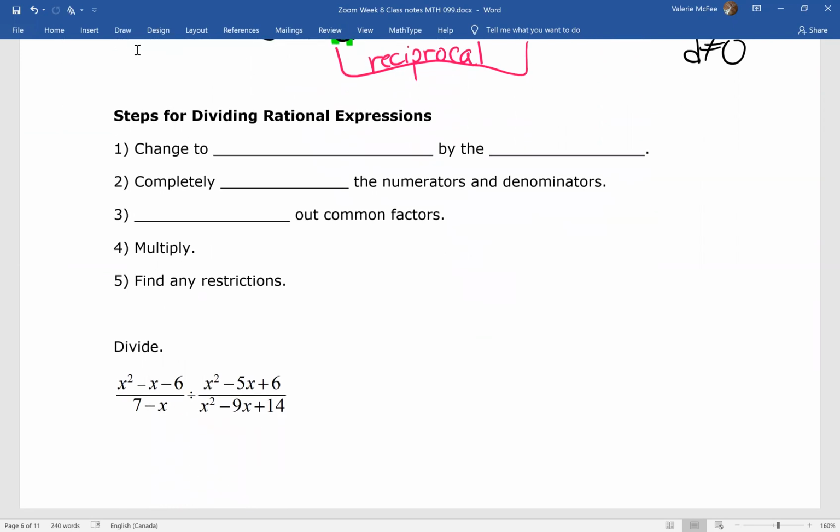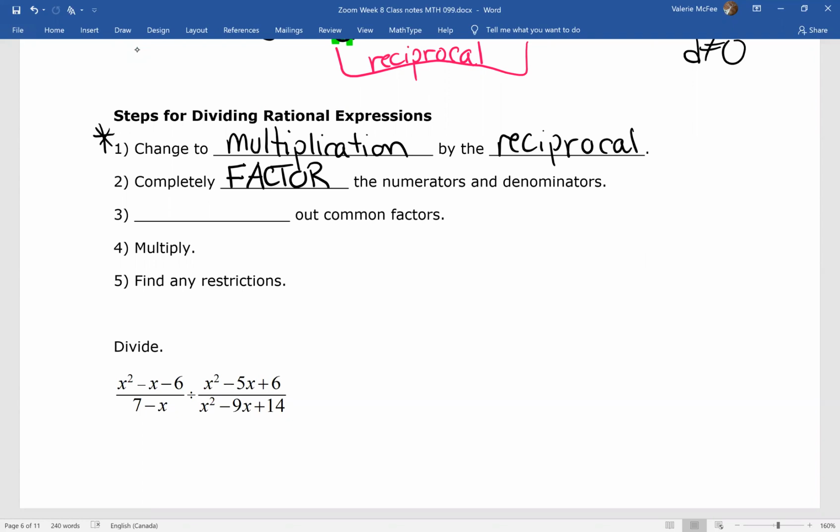So the steps you'll notice are almost the same as the steps I gave you for multiplying rational expressions, but we have step 1. First, you want to change it to multiplication by the reciprocal. Then you want to factor. One of the biggest mistakes I see on tests and final exams is that people don't factor everything.